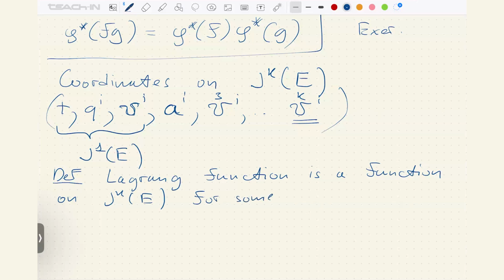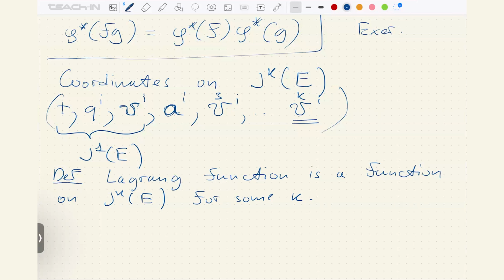There is an arbitrariness. For instance, if we speak about usual mechanics, we can live on J1 and say the Lagrange function is a function on J1, but you can equally well say that it's a function on J2. The only thing is that it's not going to depend on this next level coordinates a.